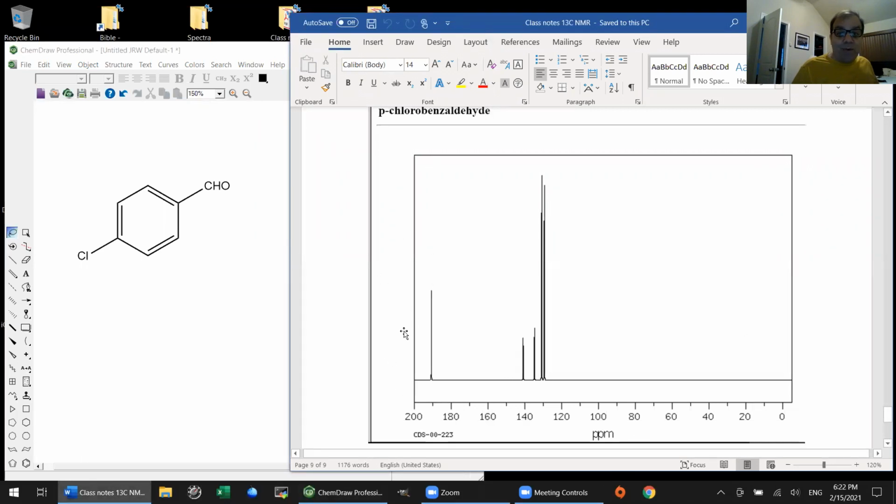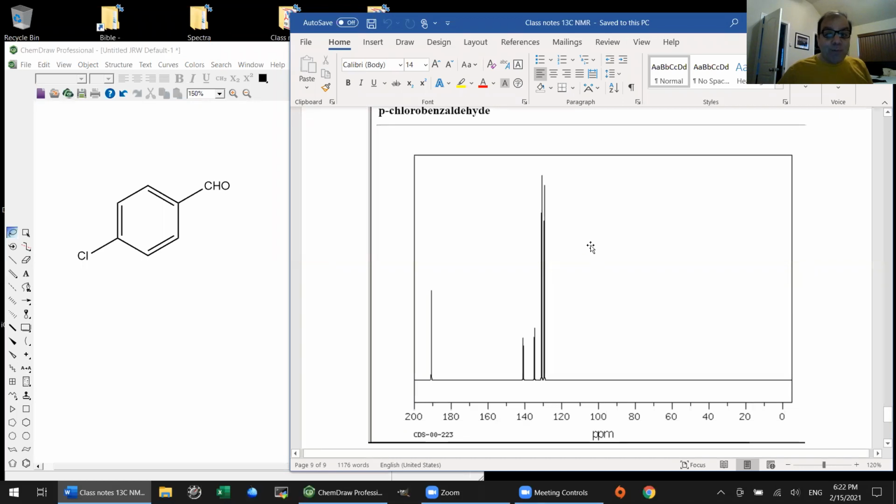Once again, our carbonyl carbon is the most downfield one. Let's say that's at 191 parts per million. Very reasonable place for an aldehyde carbonyl carbon to show up. Meanwhile, we've got two tall peaks and two short peaks in the aromatic range. And they're round about there, 130, 140, 150, very typical for aromatic carbons.